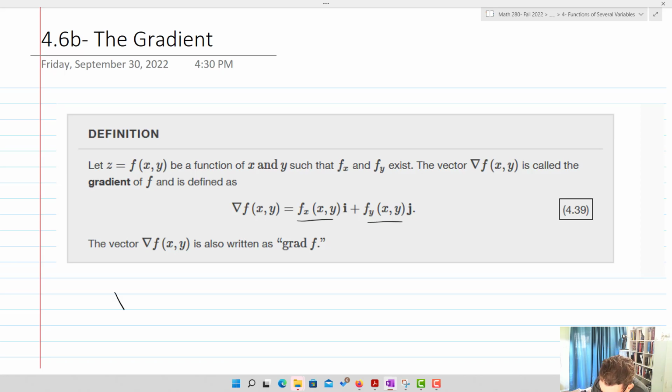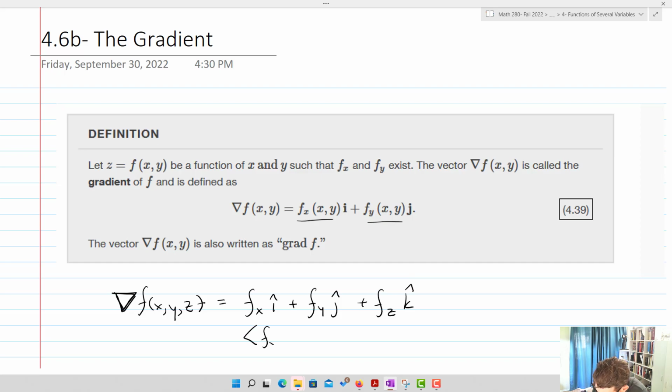We can also expand grad of f to include, say, f of x,y,z, and that would then be the partial of f with respect to x, i, plus the partial of f with respect to y, j, plus the partial of f with respect to z, k. Or we might just write this as fx, fy, fz written as a vector. Or if we're working two-dimensionally, we might write this as fx, fy. Okay, and that's your gradient.